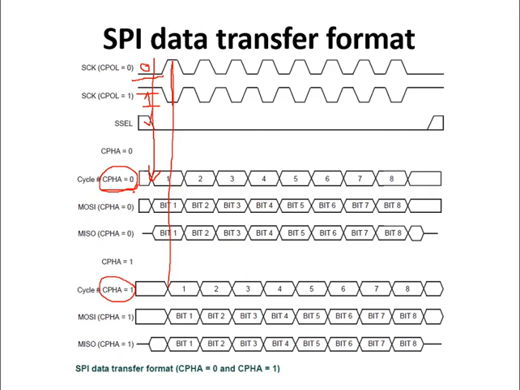CPHA will decide on which transition the data will be captured, so whether you want to change the data on the rising edge or falling edge is decided by the clock phase pin. I hope you have understood the data format.